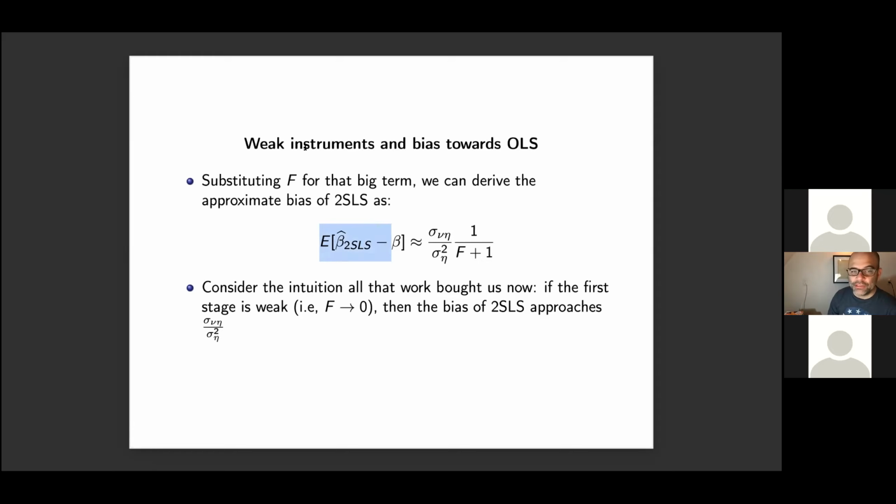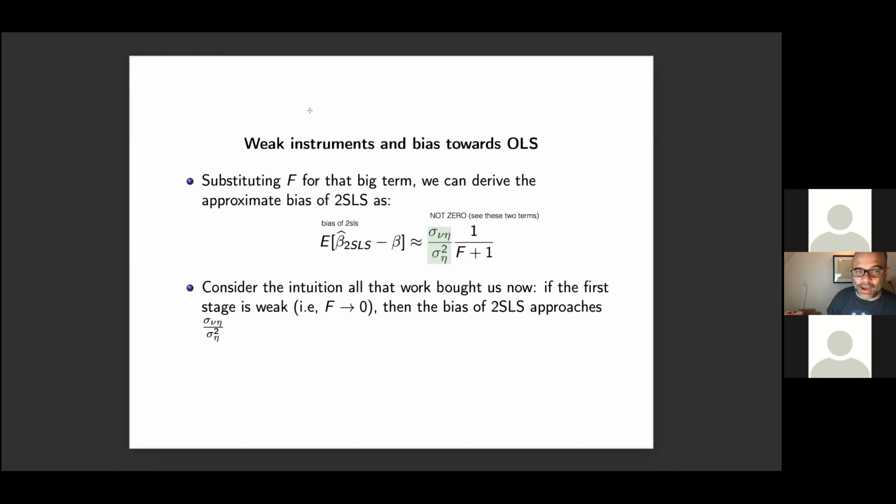So the bias, again, right here, this is the bias of two-stage least squares. Not zero. See these two terms. But what do we have?